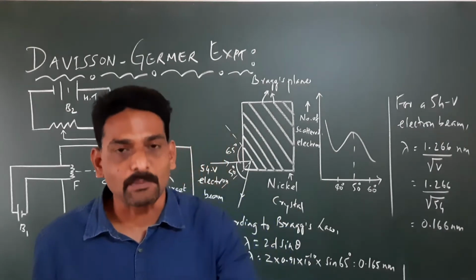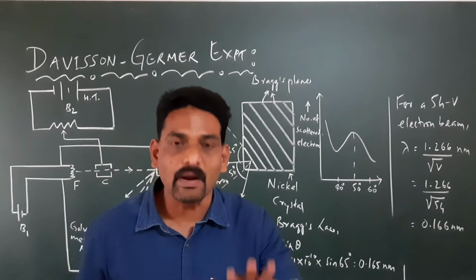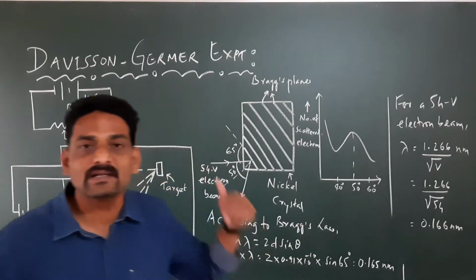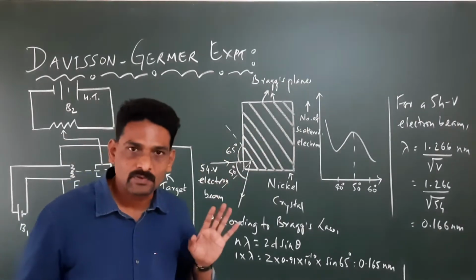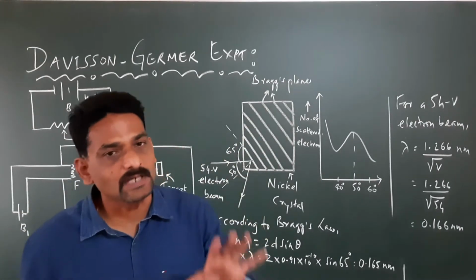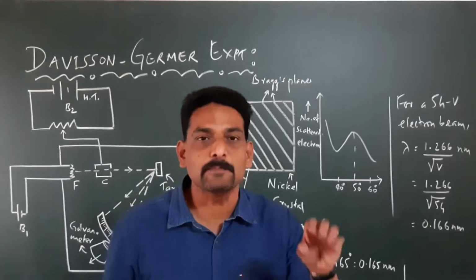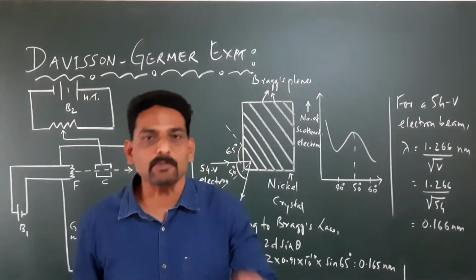It was proved by the Davisson-Germer experiment, which is therefore an experimental proof for de Broglie's hypothesis.